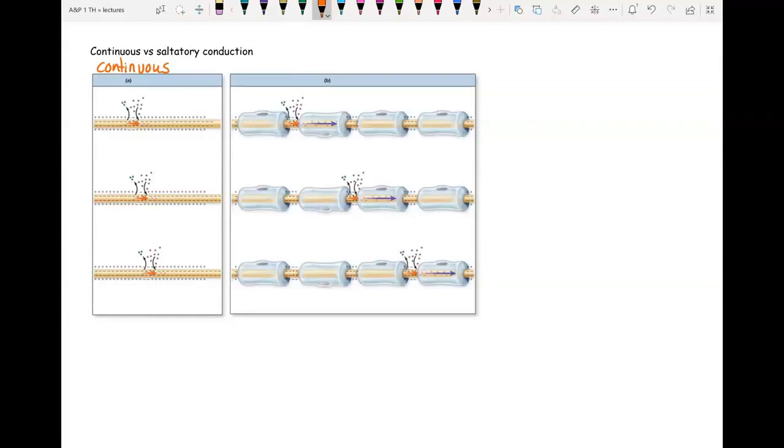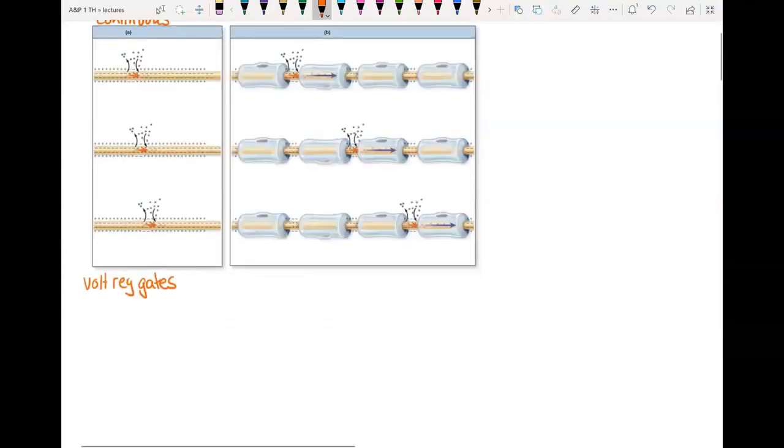So remember that the gates in the axon are voltage regulated. So a gate opens when the voltage nearby goes up to at least negative 55.